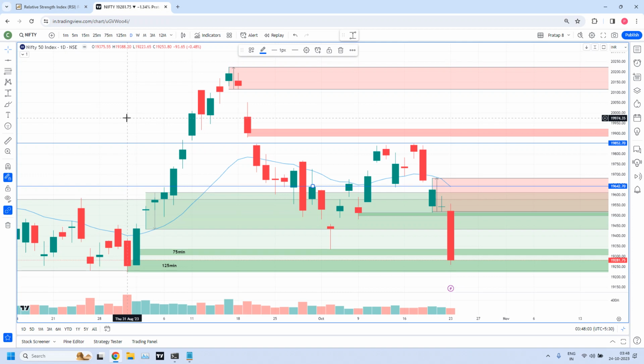You might be wondering how. Because I already told you earlier also, when a high liquidity demand zone or supply zone can be broken, how we can identify them. Exactly, those rules are executed today. The zones are violated as per the rules I explained earlier.